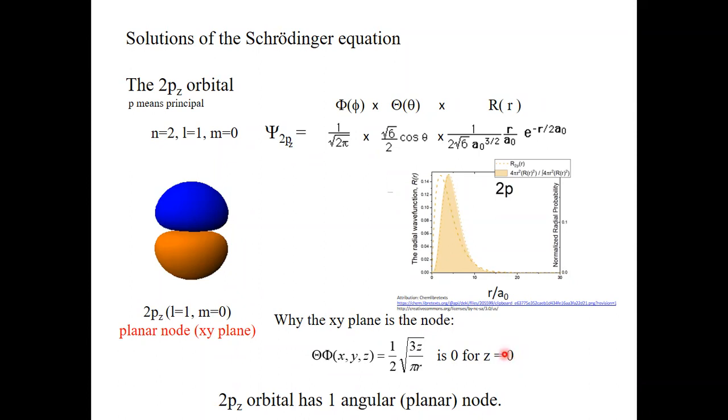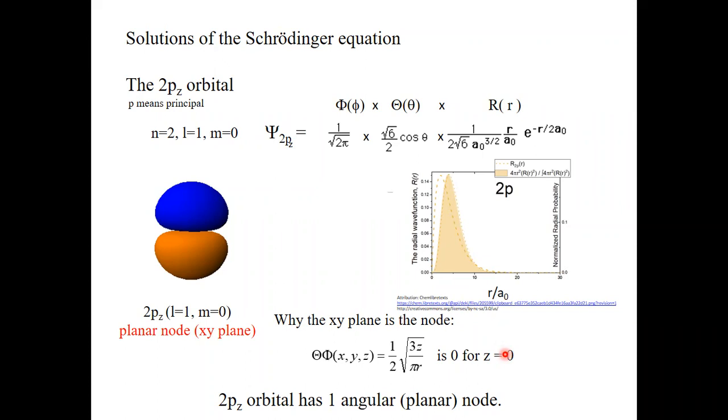In three-dimensional space, the coordinate z is 0 within the xy plane, because in the xy plane, x and y can adopt any value, but of course the z value must be 0. That means that the amplitude of the wave function must be 0 within the xy plane. That defines the shape of the orbital, because the xy plane must be a node within that orbital. So in this case, it's not a spherical node, but a planar node. A more general term for a planar node is an angular node.